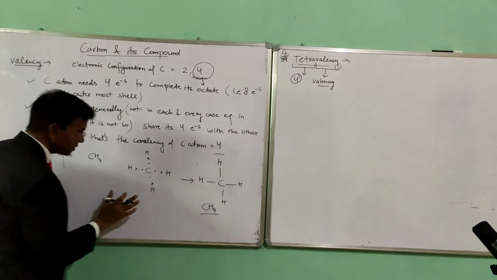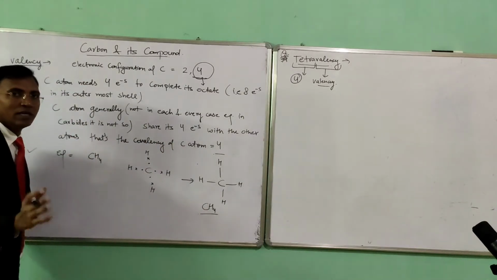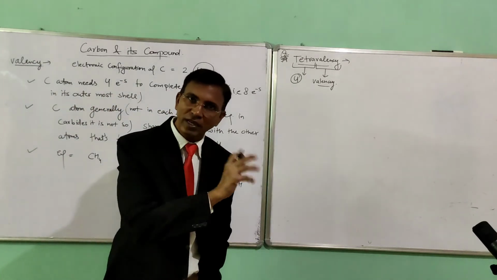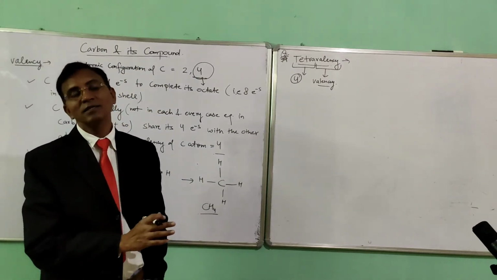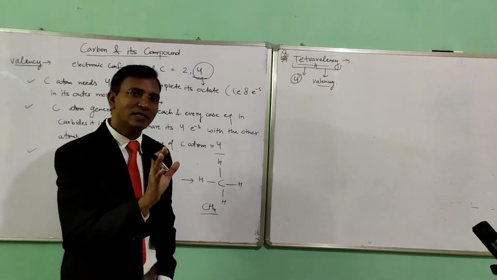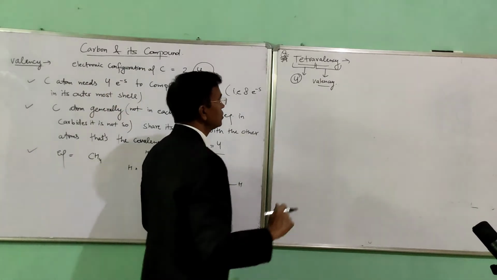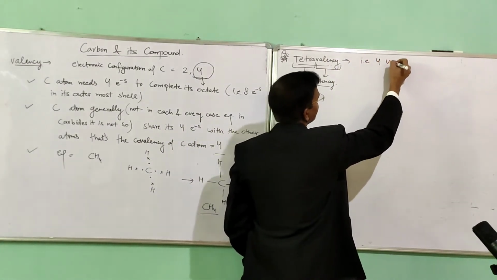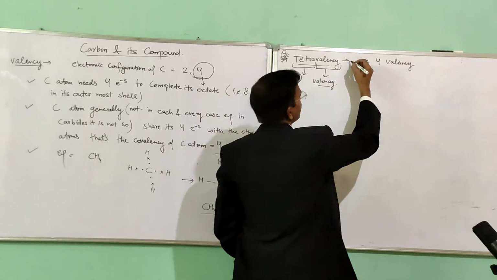So here we have discussed that the carbon atom has 4 electrons in its outermost shell that are going to be shared in most of the cases. So that means the valency of the carbon is 4. That is the tetravalent carbon, means carbon has 4 valency. That means carbon is tetravalent. Tetravalency means 4 valency, right?